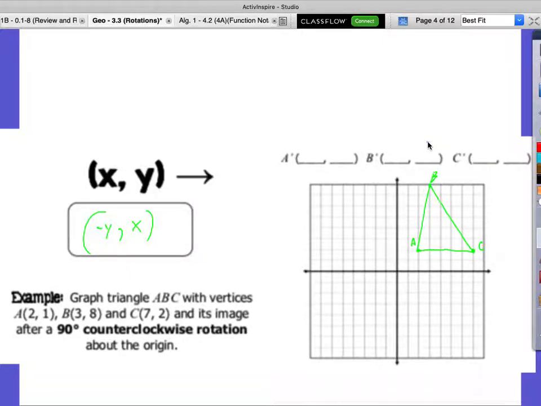If we follow this pattern, x, y gives us negative y, comma x. For our x value, for each of our primes, we'll take the y value and make it negative. So this becomes -1, this becomes -8, and this becomes -2. We took the original y value, made it negative, and put it as our x.